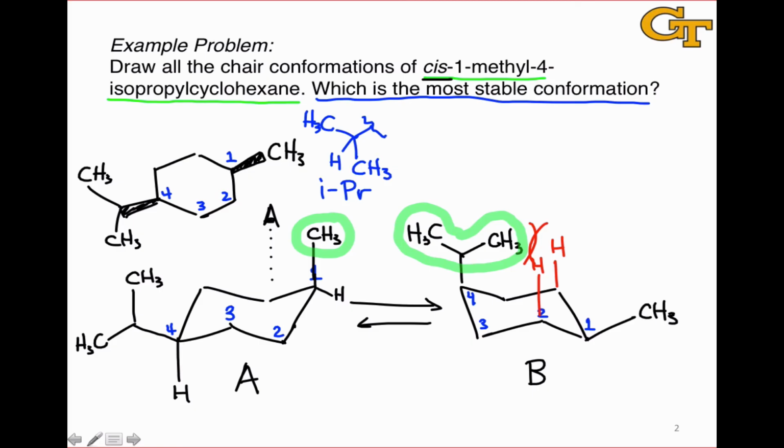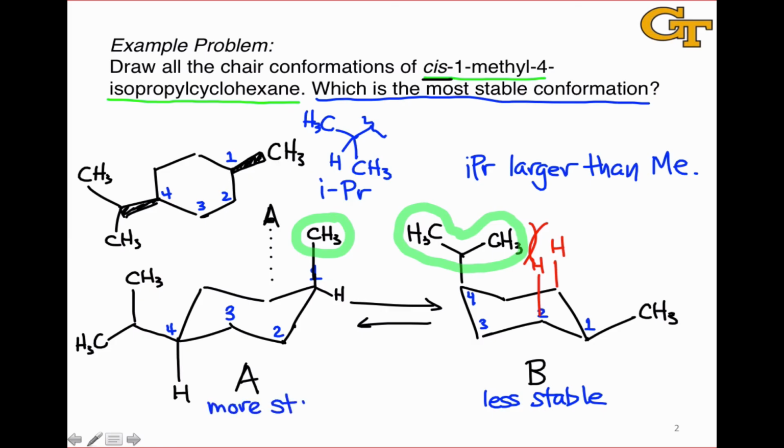And it's pretty clear to see, just from the outlines we've drawn, that the isopropyl group is larger than the methyl group. That means that there's greater axial steric hindrance in structure B than there is in A, and so B is less stable due to its greater steric hindrance, more energetically unfavorable steric interactions, if you like, and A is more stable.